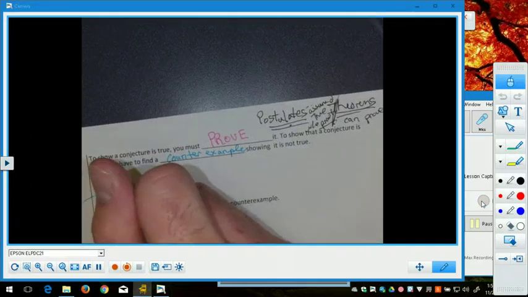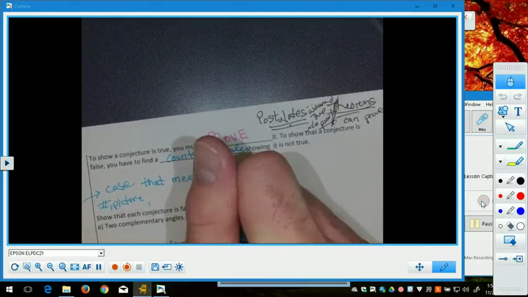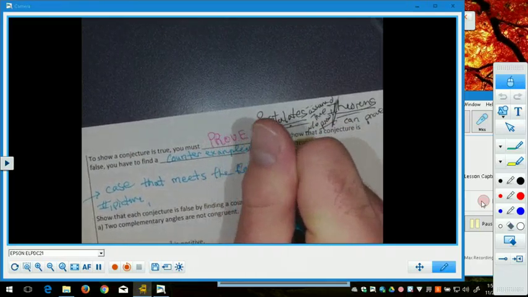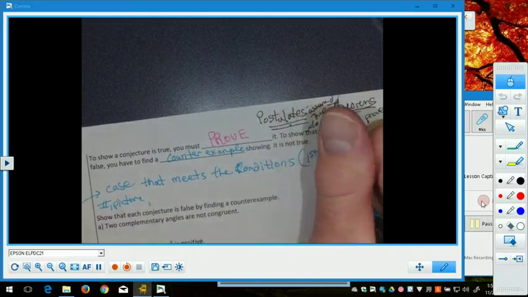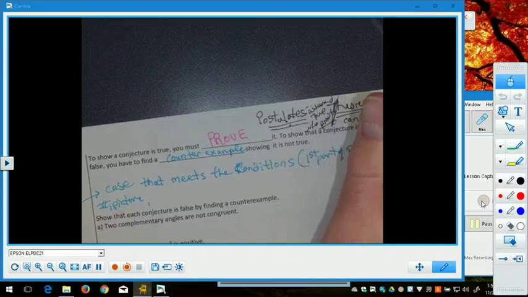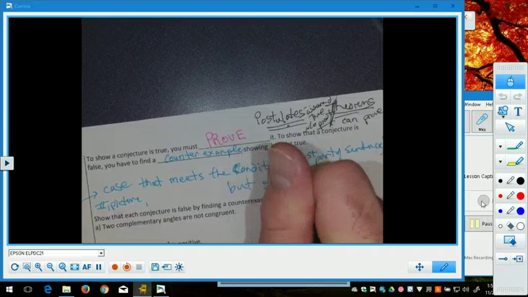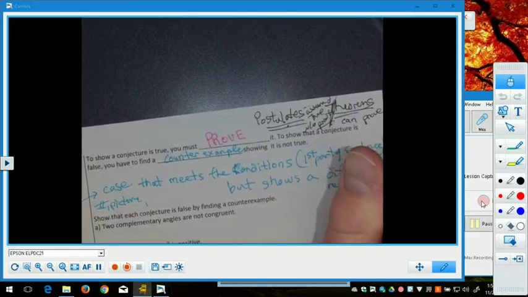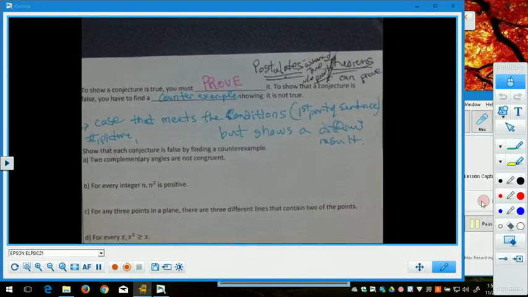But it's a case that meets the conditions, which we'll get into even more tomorrow, being the first part of the sentence, but shows a different result. A case that meets the conditions, the first part of the sentence, but shows a different result.